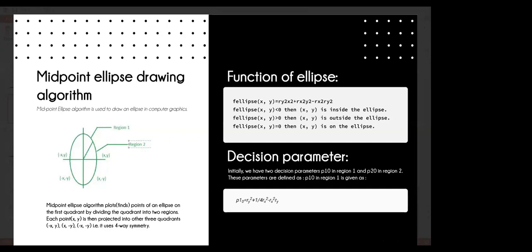Okay, the midpoint drawing lines. The midpoint ellipse algorithm plots to find the ellipse, first dividing it into regions. All right.